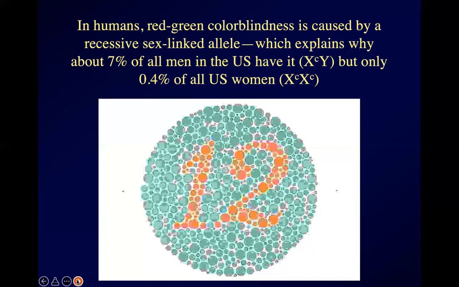She can have 1 normal X chromosome and 1 X chromosome with the color blindness gene, and her color vision will be fine, but she can pass on color blindness to roughly half of her male offspring. So that's a human example that may be familiar to some of you, for all I know. It's a very common trait in humans.